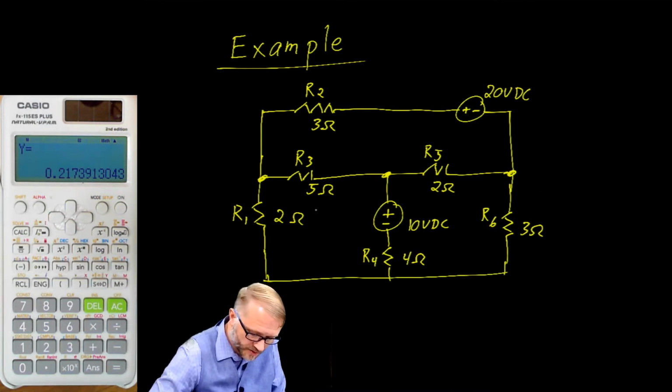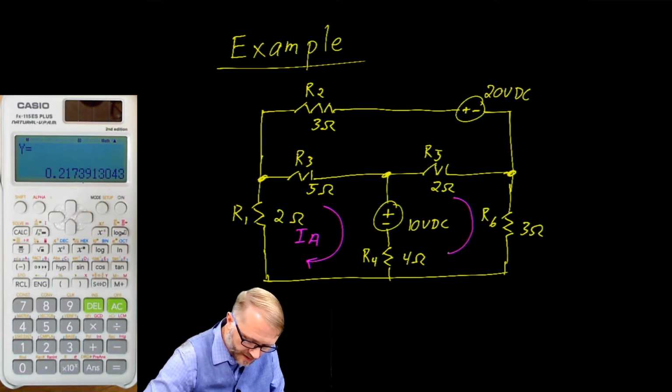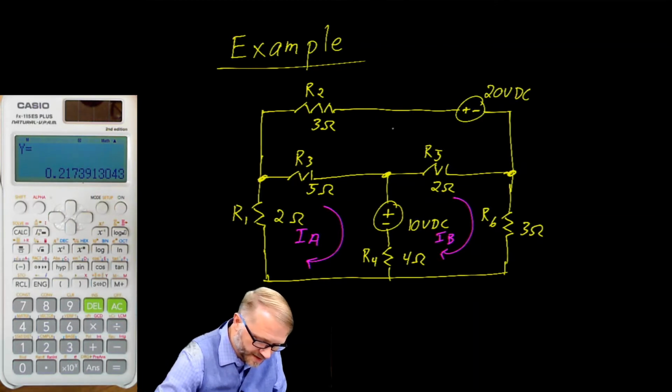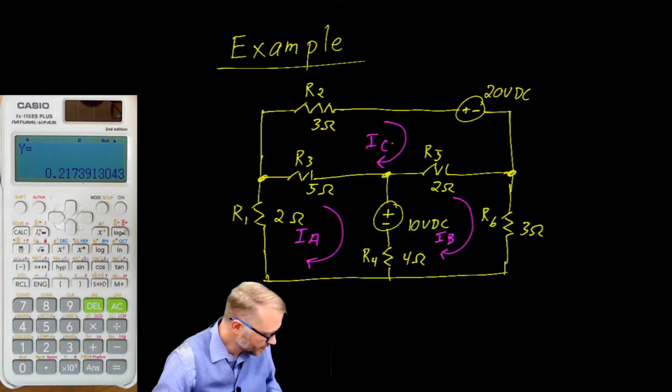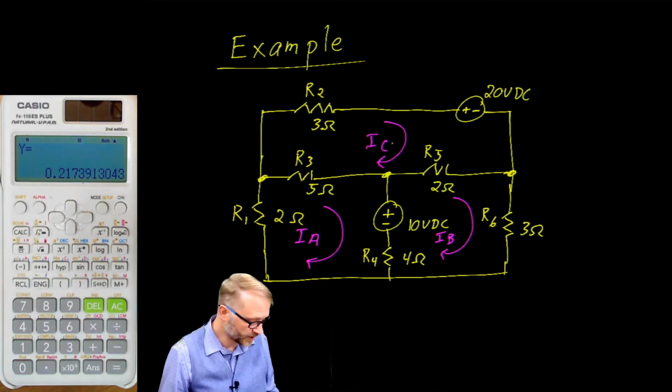Now that the circuit is drawn, let's add our loops. We'll let this be current A. We'll let this one be current B. And this, we'll let this be current C. And now we can do our loops equations.